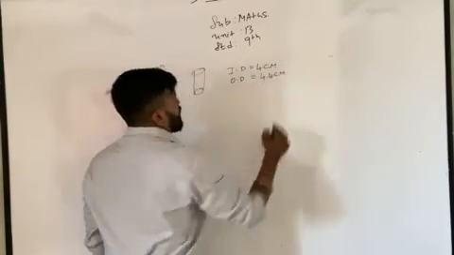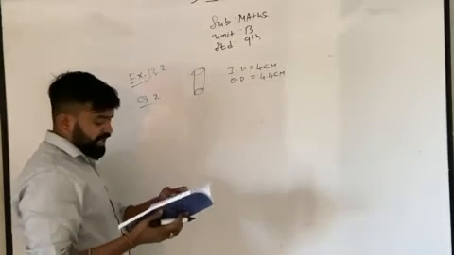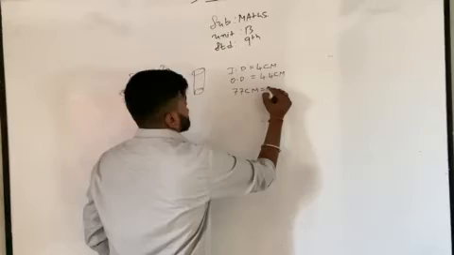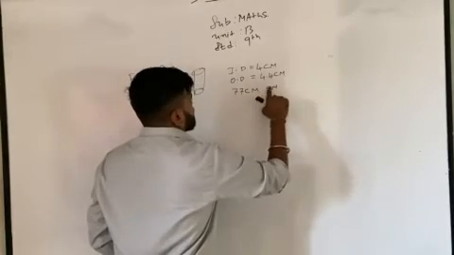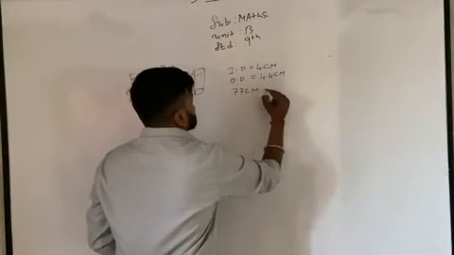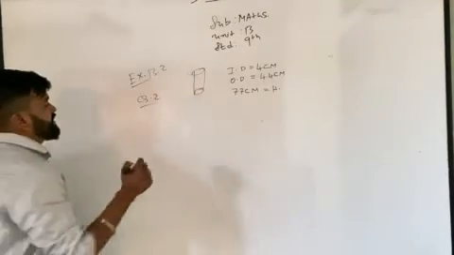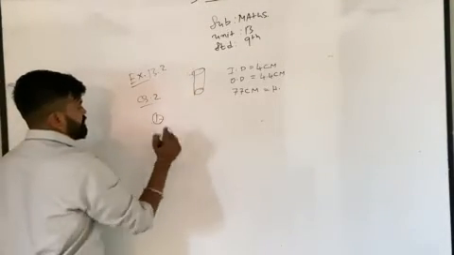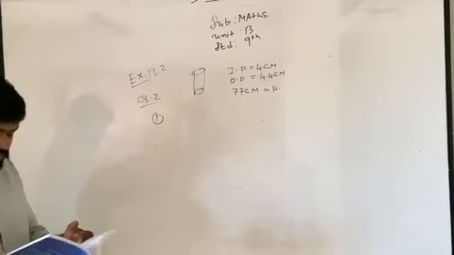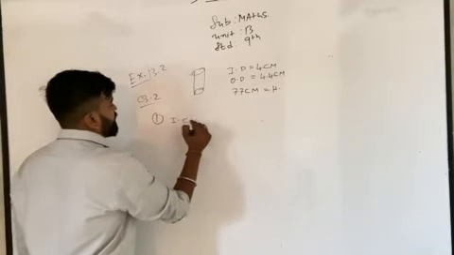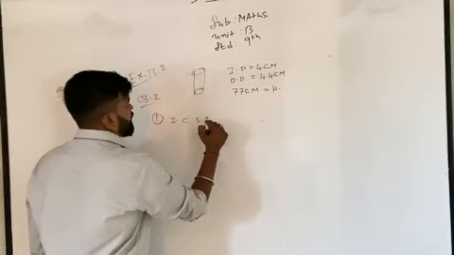The height of the metal pipe is already given, 77 centimeter. What we need to find out, first thing, is the inner curved surface area of the metal pipe.